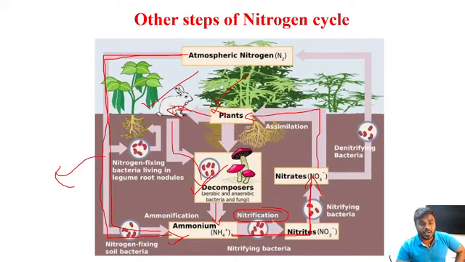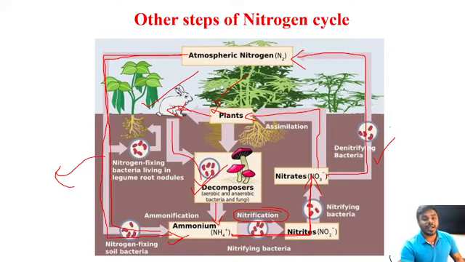That's why my friends, we have to send the nitrogen back to the atmosphere. So NO3 can be converted back to N2, which completes the nitrogen cycle. This process we call denitrification. So all of you listen, how can I define the nitrogen cycle in one line?